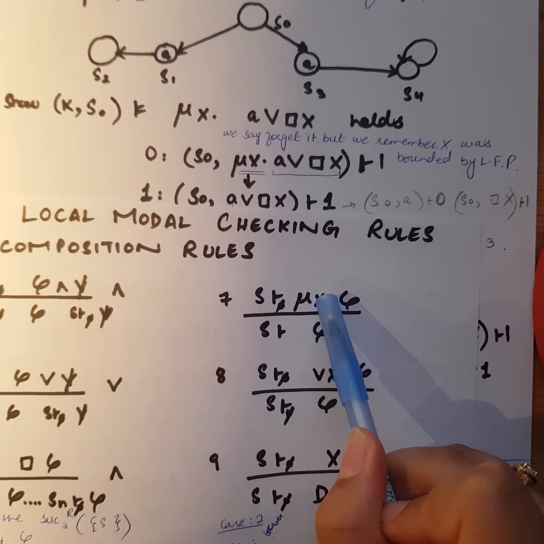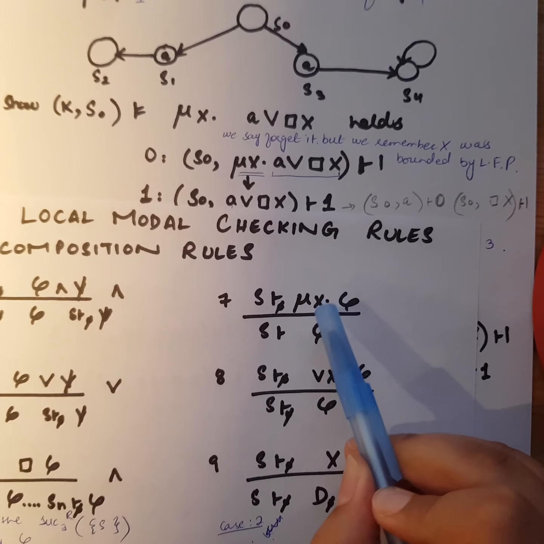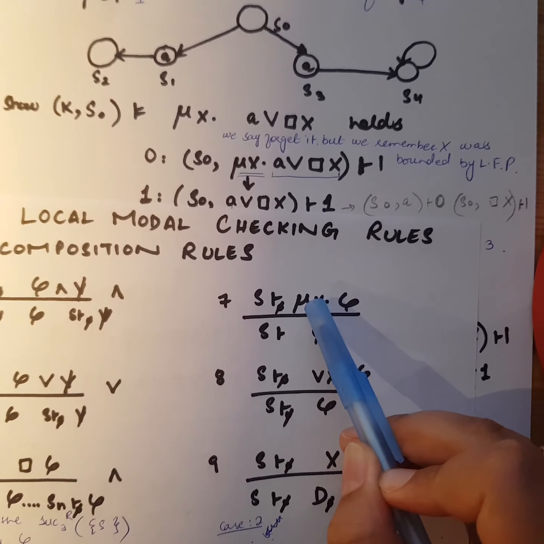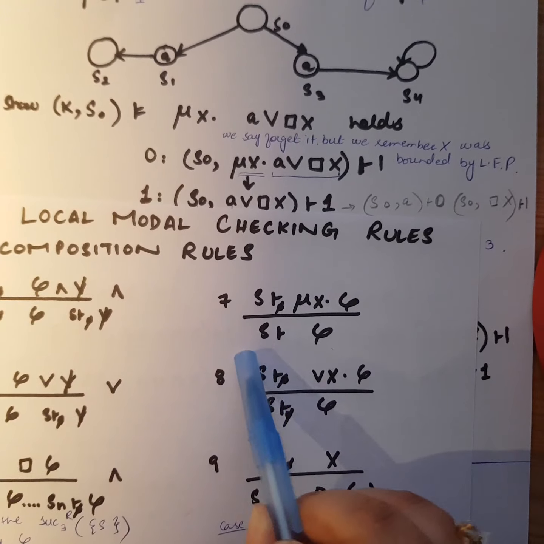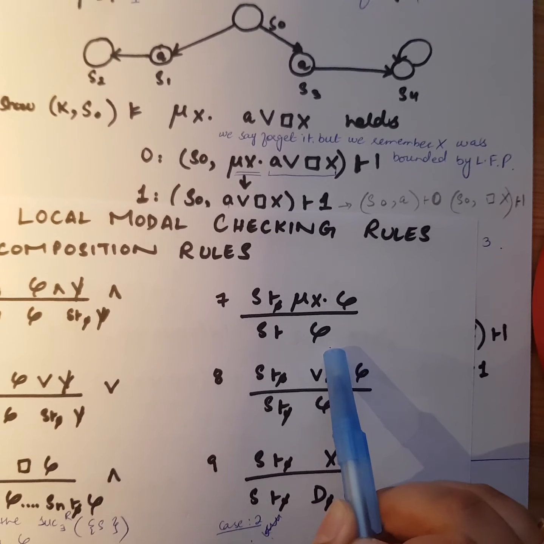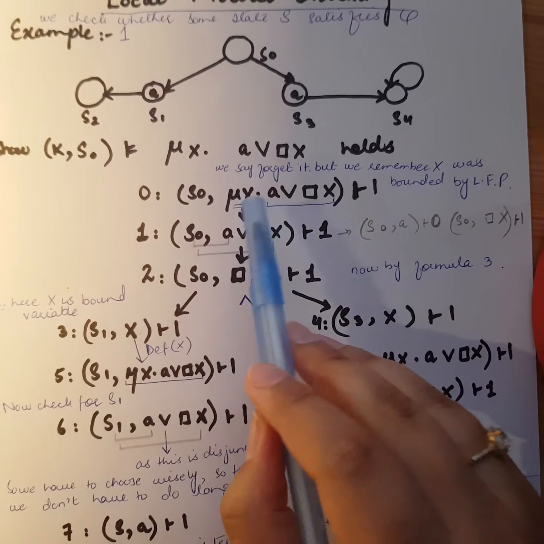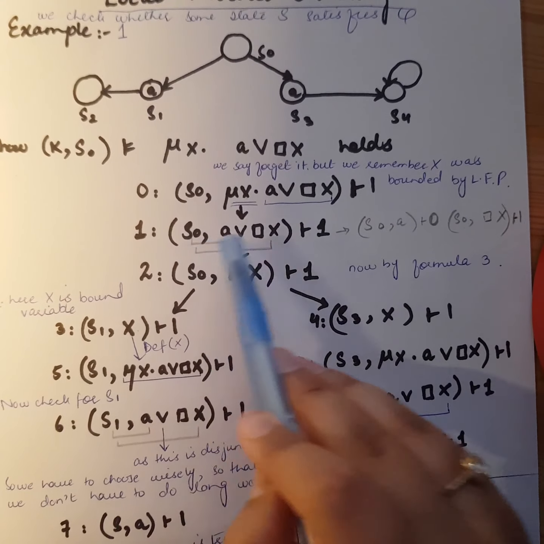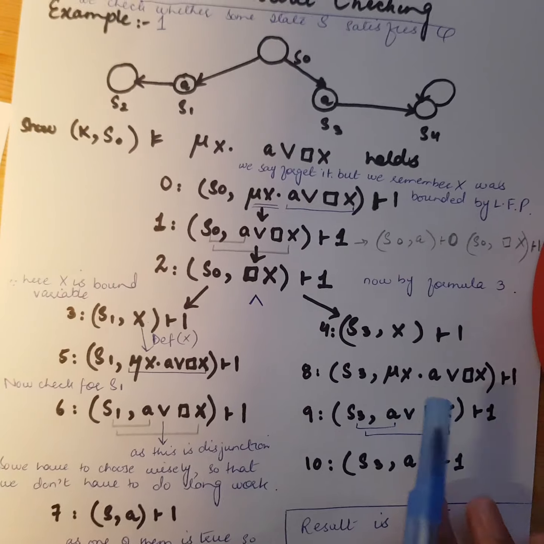But remember that the variable x is bound by the least fixed point. Just remember it, but forget about the mu and replace it with the state and the formula. Okay, now we're good to go.